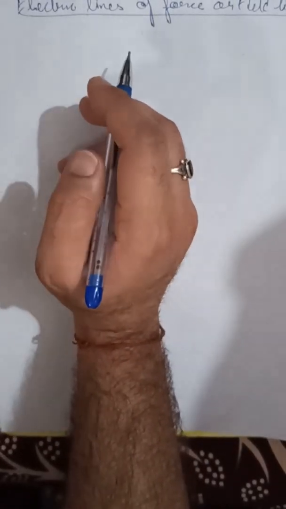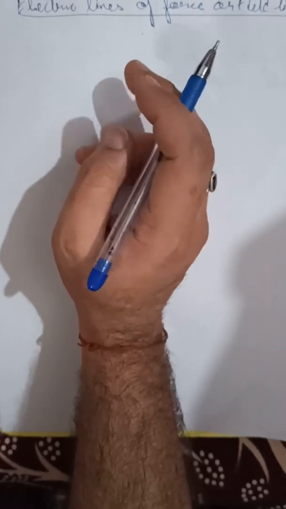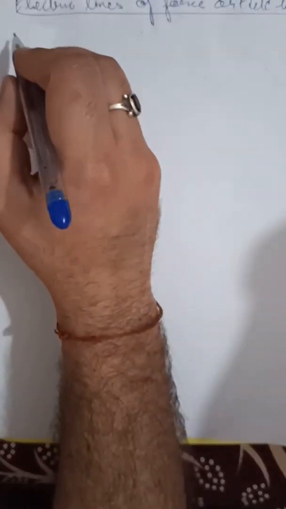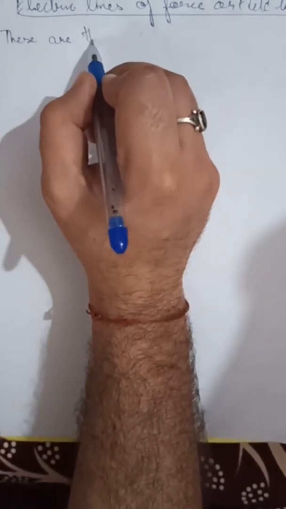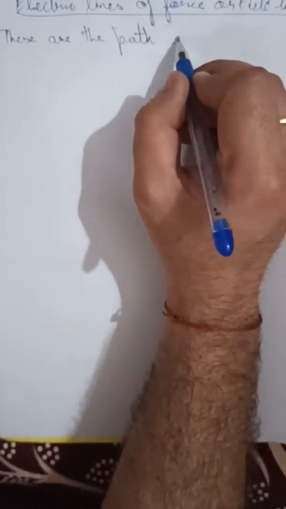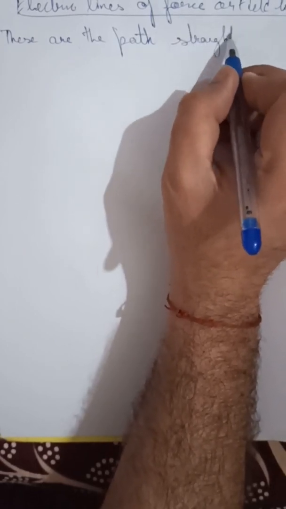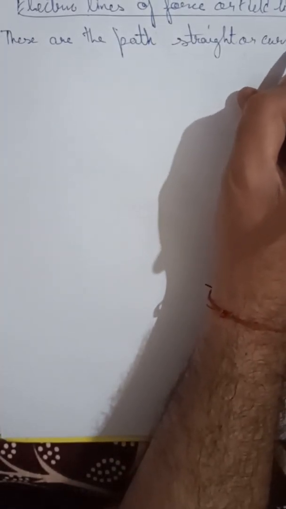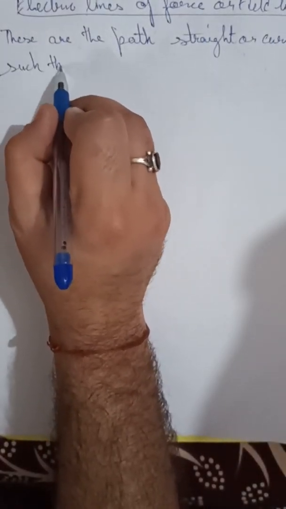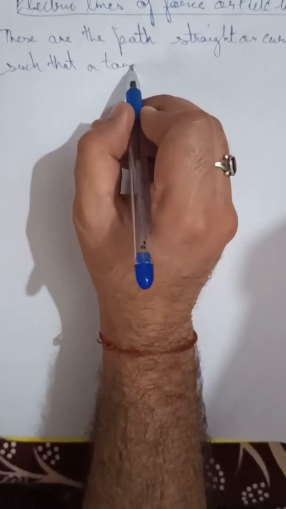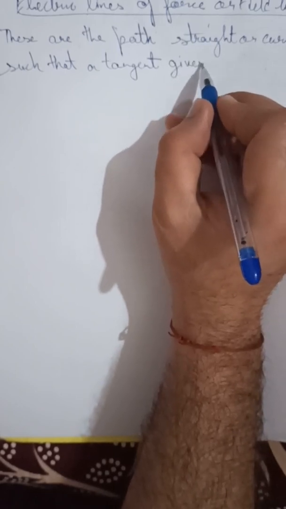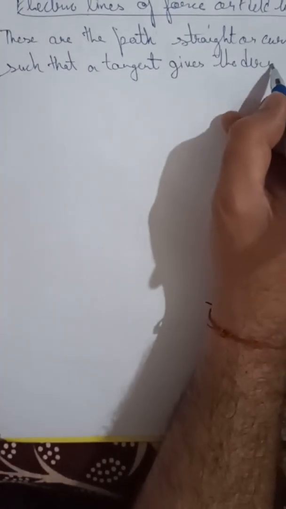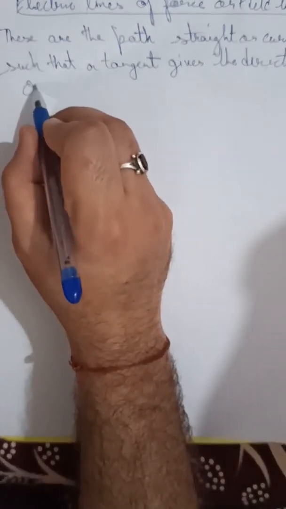We talked in 10th class about magnetic field lines. These are somewhat similar to that. So its definition can be given as: these are the paths, straight or curved, can be straight, can be curved, such that a tangent drawn from it gives the direction of, what are these?